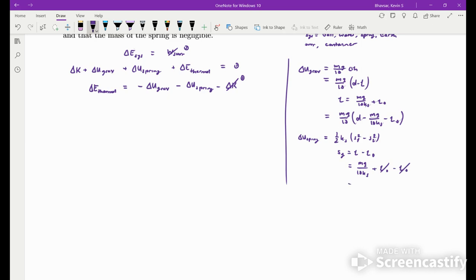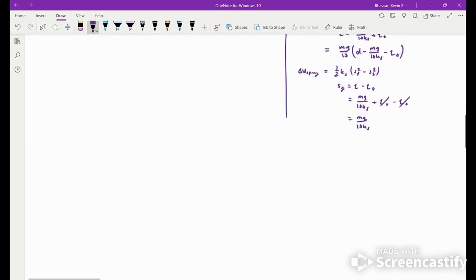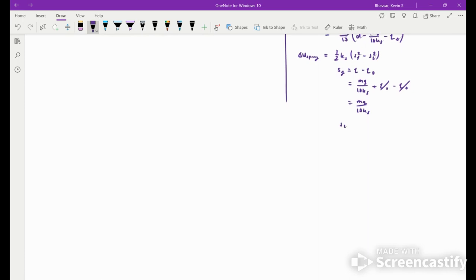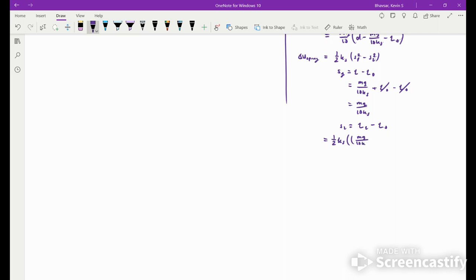These two cancel, so this is just mg over 10 ks. The initial compression is L sub i minus L sub naught, and therefore the spring potential is 1/2 ks times mg over 10 ks squared minus L sub i minus L sub naught squared.